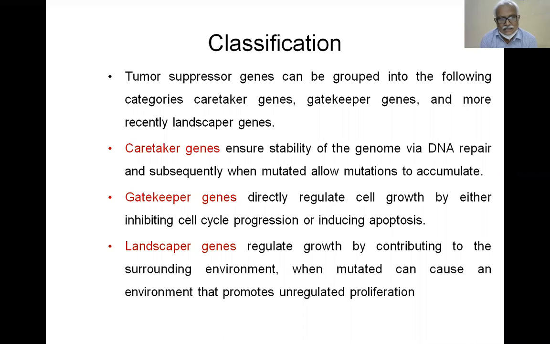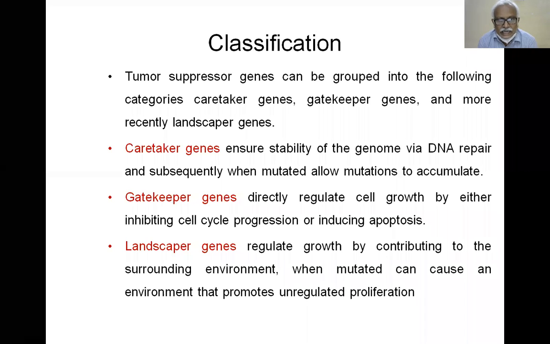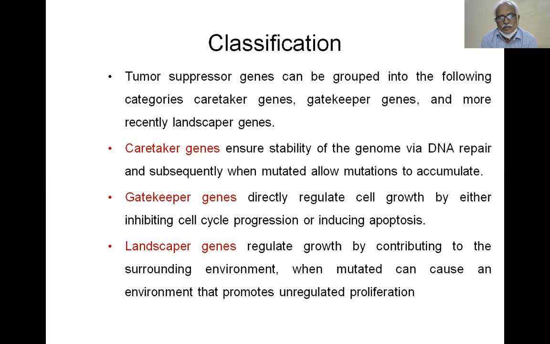This is the first step where we are knocking off the caretaker genes in many of the cancers. So remember clearly what is going to happen in cancers. Caretaker genes ensure stability of the genome via DNA repair, and subsequently when mutated, allow the mutations to accumulate.